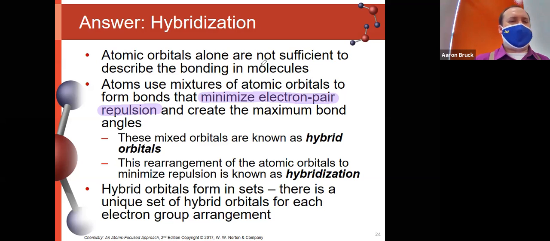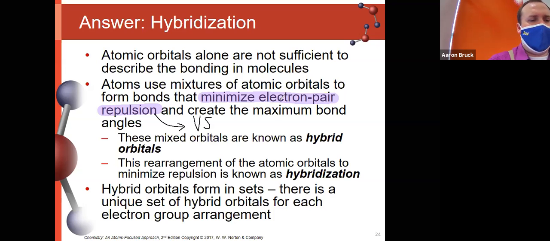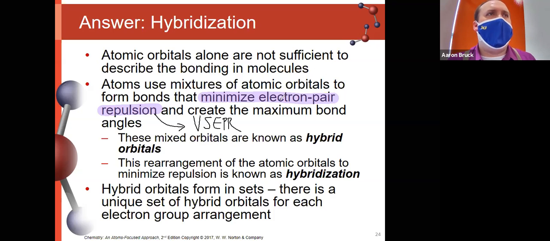If that sounds familiar, remember, this was the very heart of VSEPR theory. The EPR in VSEPR are electron pair repulsions.